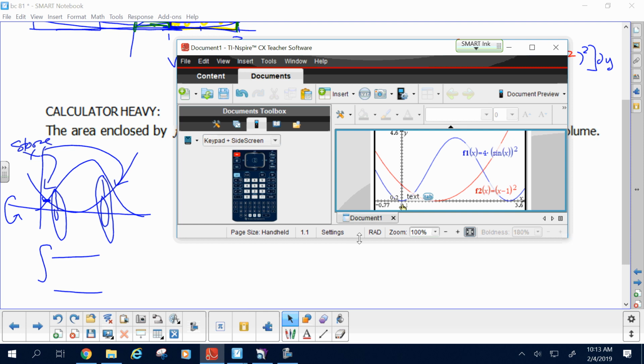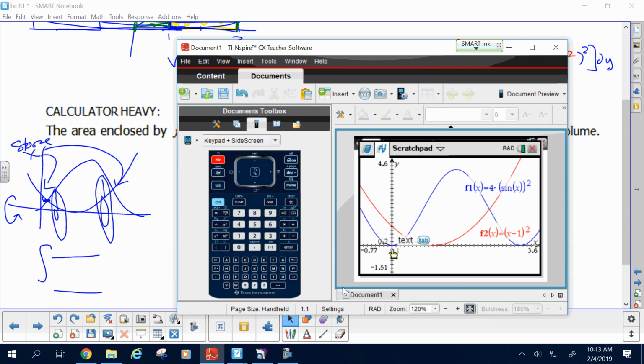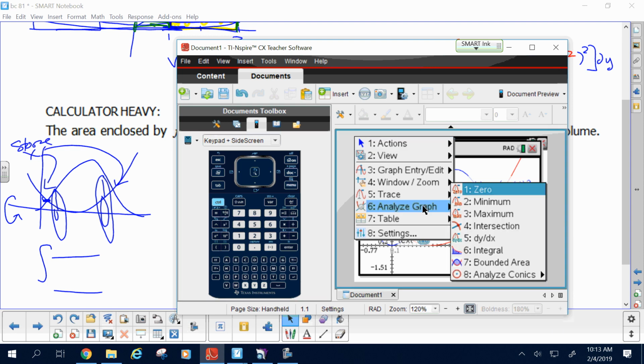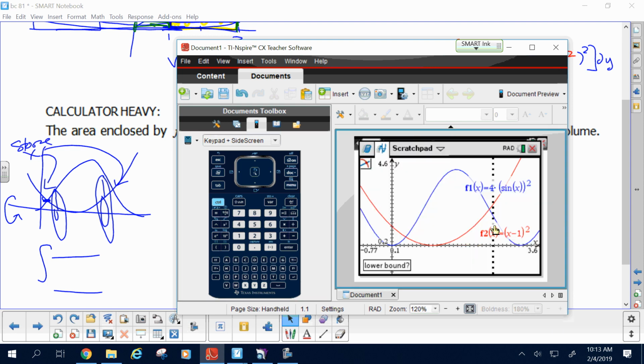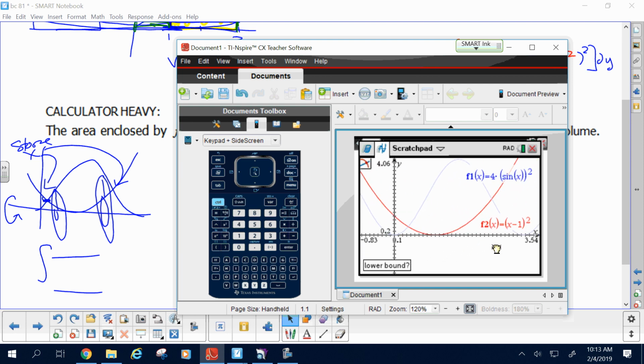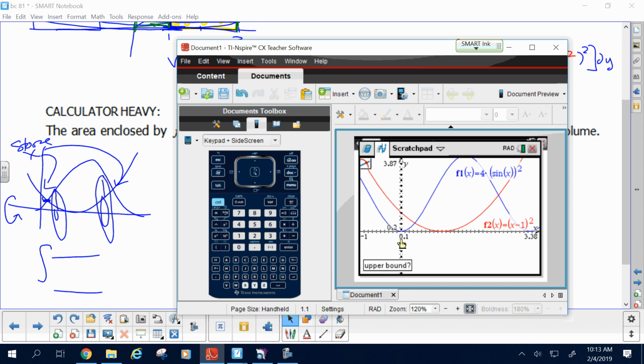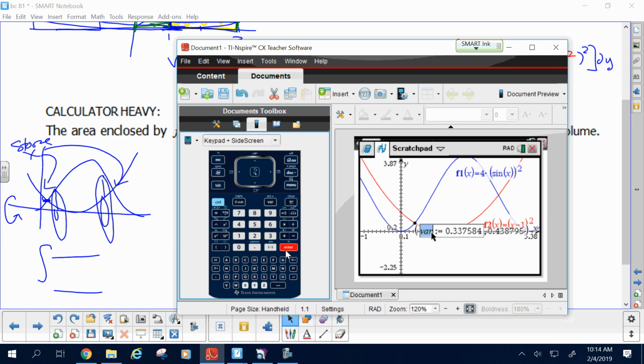It's way too small. I got a left intersection of 0.337.